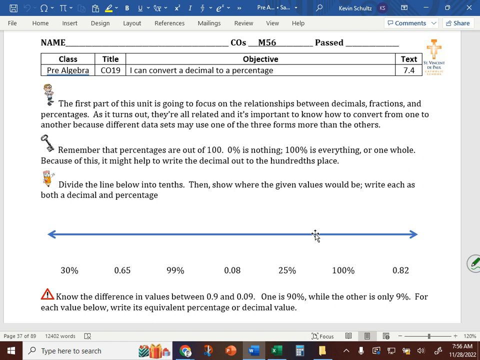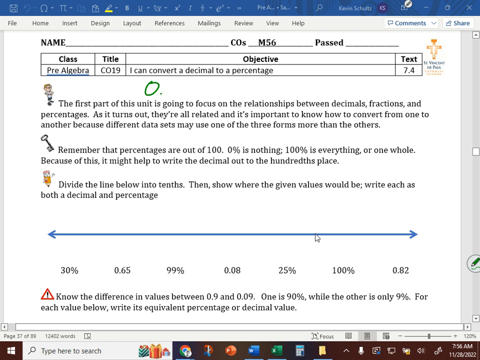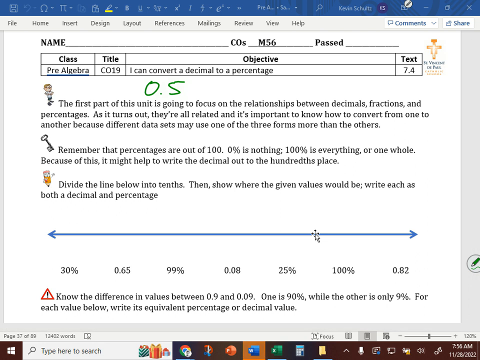Okay, if we have the decimal 0.5, what is 0.5 as a fraction? Just kind of going back to CO2 or CO3 or whatever it is. I'm not asking for percentages here, but what is 0.5 as a fraction, Nolan? 50 over 100, which reduces to 1/2. Okay, but I'll write 50 over 100.